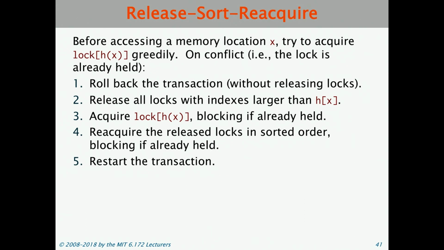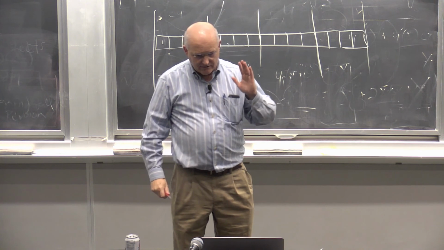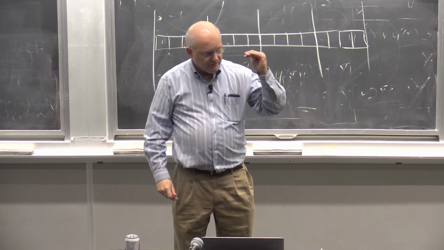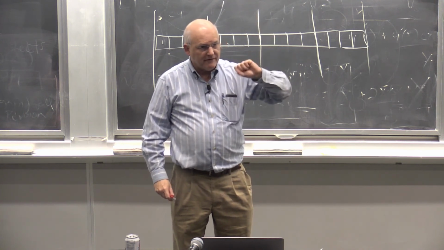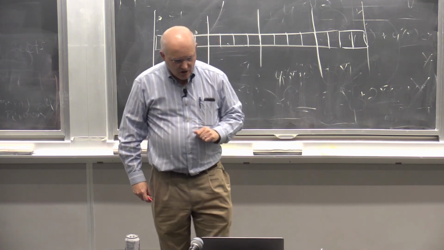So what happens each time through this process is, whenever I'm trying to acquire a lock, I'm only holding locks that are smaller. But each time that I restart my transaction, I have one more lock that I didn't have before, which I've acquired in the linear order in that ownership array from 0 to n-1.